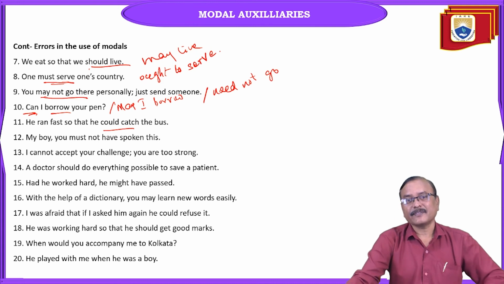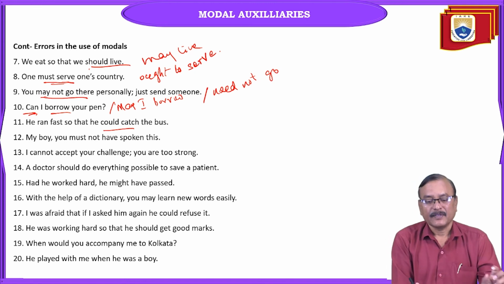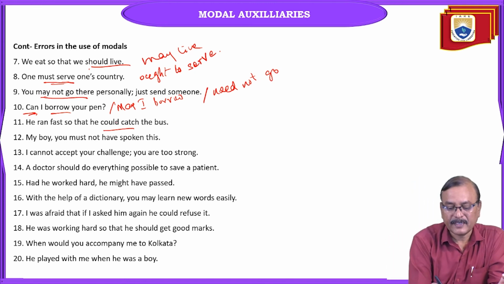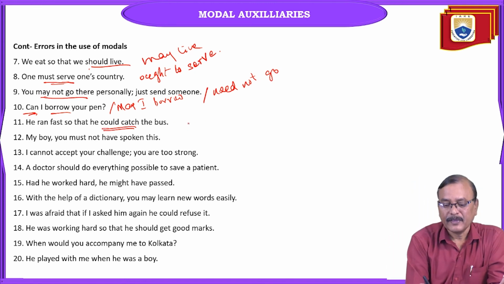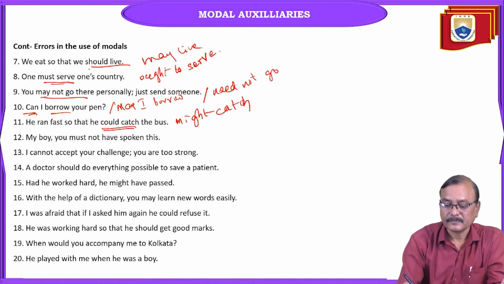Sometimes chances are there. So 50-50 chances. This is of past. When it is of past, instead of may, you can use might. He might catch the bus. Might catch.